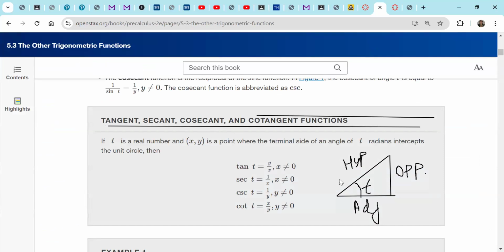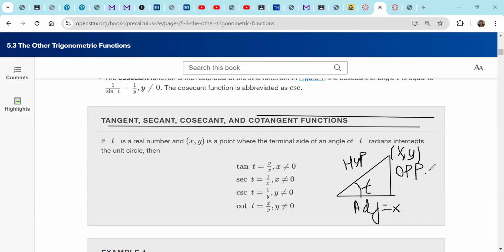And I was drawing this triangle indicating that if there is a point XY on your unit circle, and here's a triangle with angle T, then this side, horizontal side, which is adjacent side to angle T, is the X side.